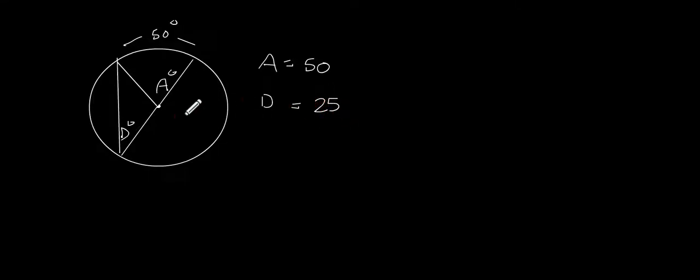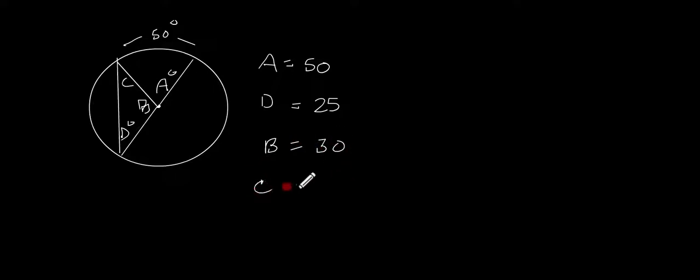Now they want us to get B, which is right here, and C. Well, we can get B pretty easily because if A is 50, these are supplementary angles and they form a linear pair because they're two angles that lie on the same line. So B has to be 180 minus 50. So B is 180 minus 50, so it's going to be 30.